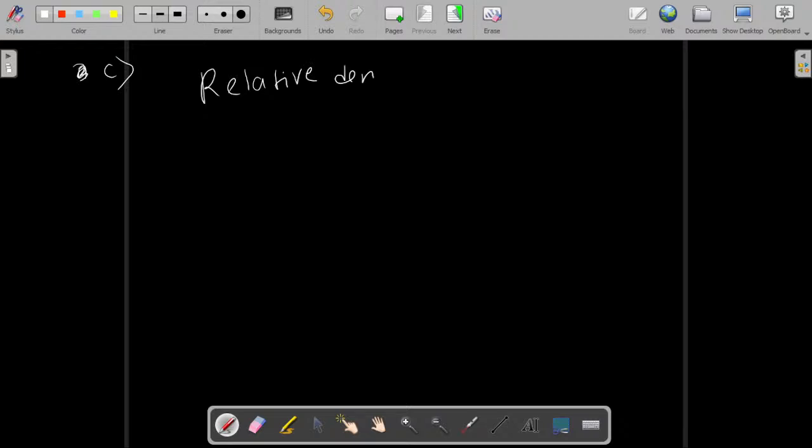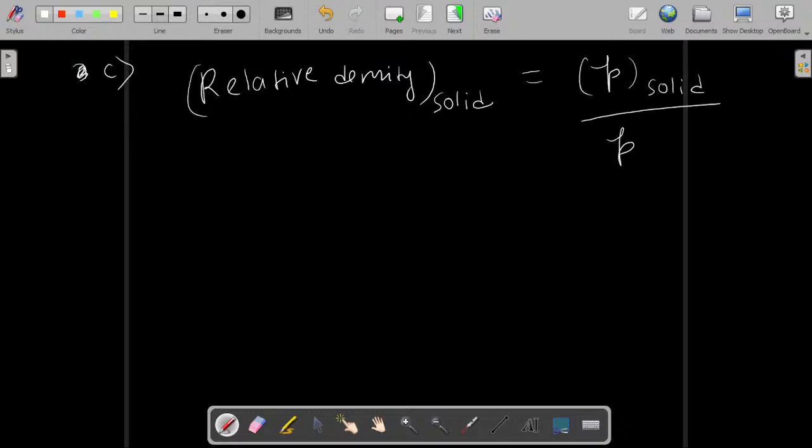Relative density of what? We have to find it for the solid. So what is the formula of relative density? Density of solid upon density of water. So how much is the density of solid? Already we found in the first question, it is 1.42 gram per centimeter cube.